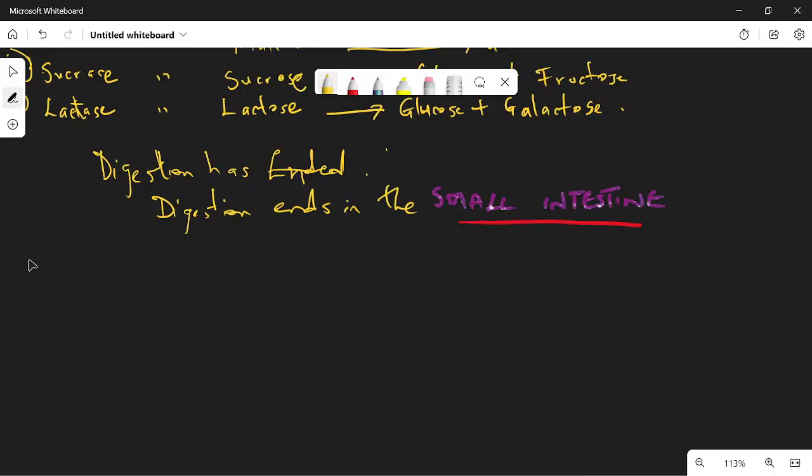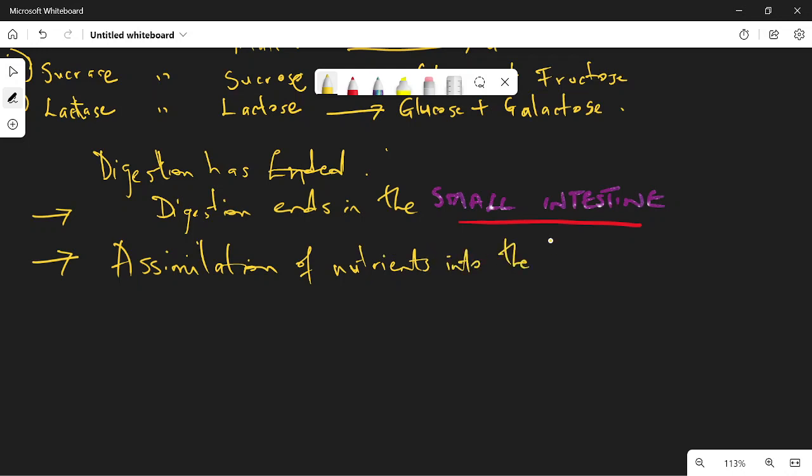So we have just concluded the digestion. That is where digestion ends. Now, in this same organ called the small intestine, another thing happens. The first thing that has happened in the small intestine is digestion. Now the second thing that happens in the small intestine is assimilation of nutrients into the blood stream.